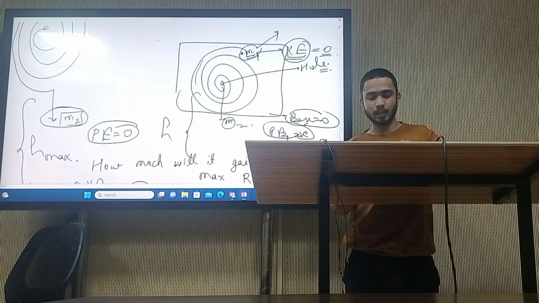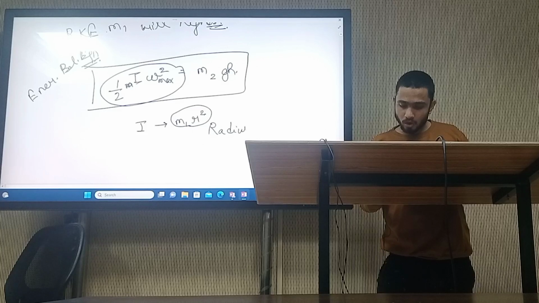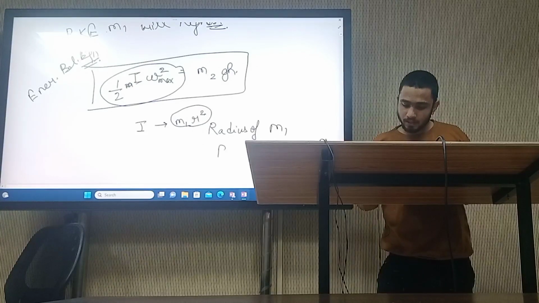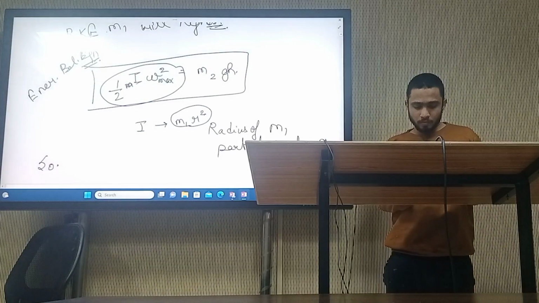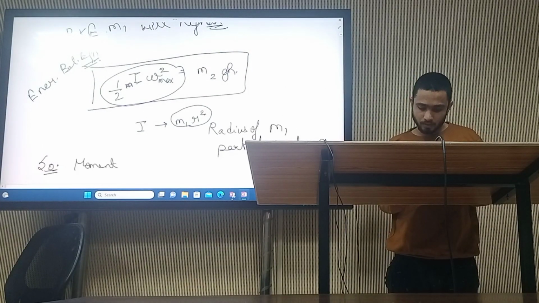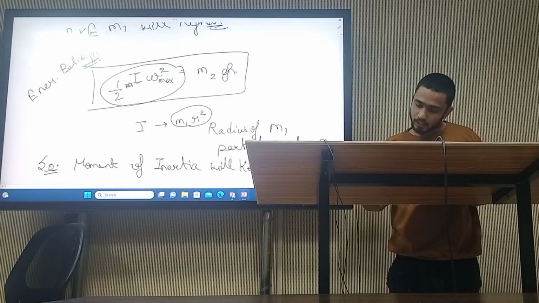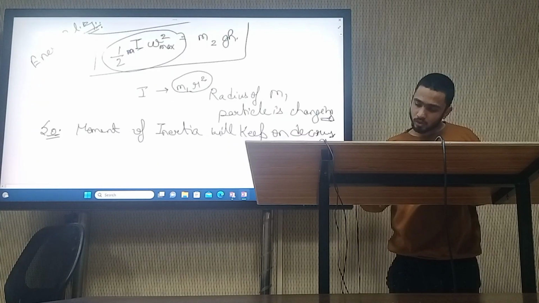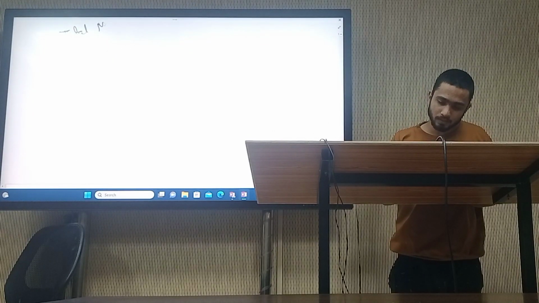So we have to consider that the radius of the m1 particle is changing, so the moment of inertia will keep on decreasing.